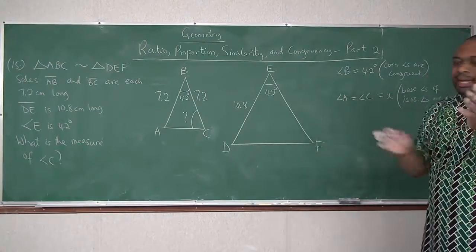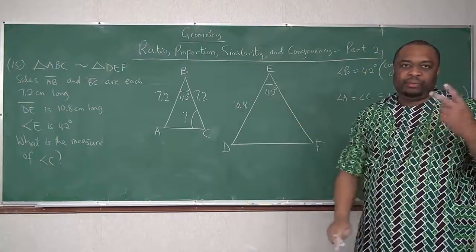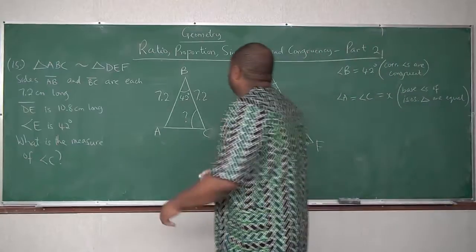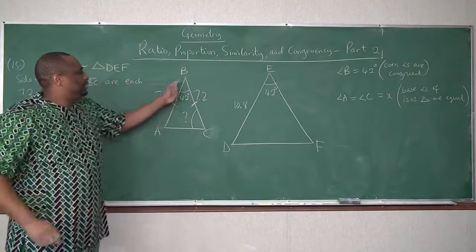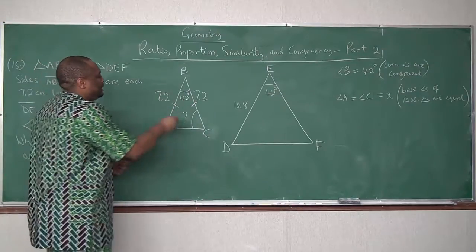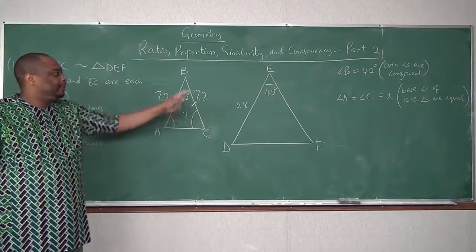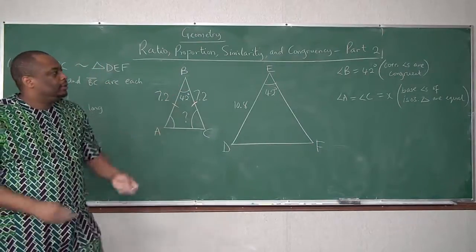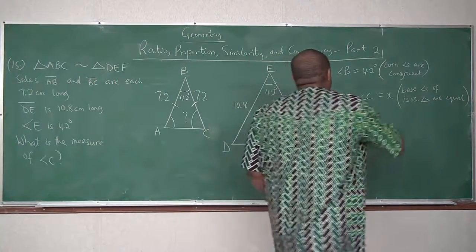Remember, this is an isosceles triangle. It has two equal sides, and because of that, these two angles are equal. So we call them base angles of an isosceles triangle. So we say let it be X.